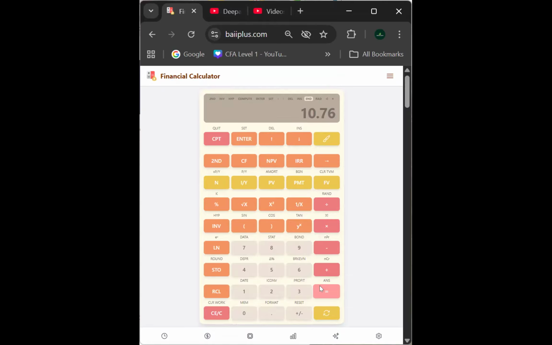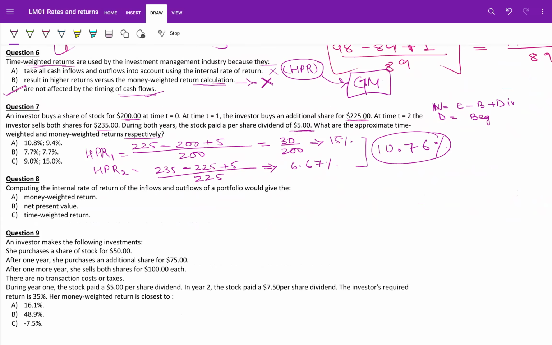So time weighted rate of return is 10.76%.